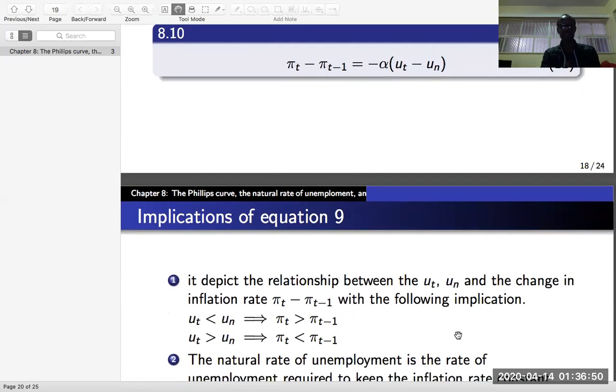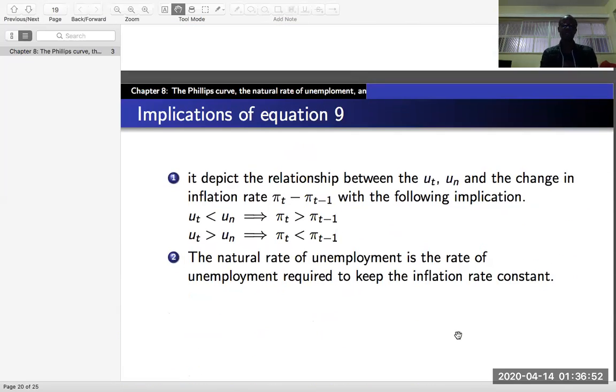The implication is that if current unemployment is less than the natural unemployment rate, then current inflation is greater than last year's inflation. Similarly, if current unemployment is greater than the natural rate, then current inflation is less than last year's inflation.